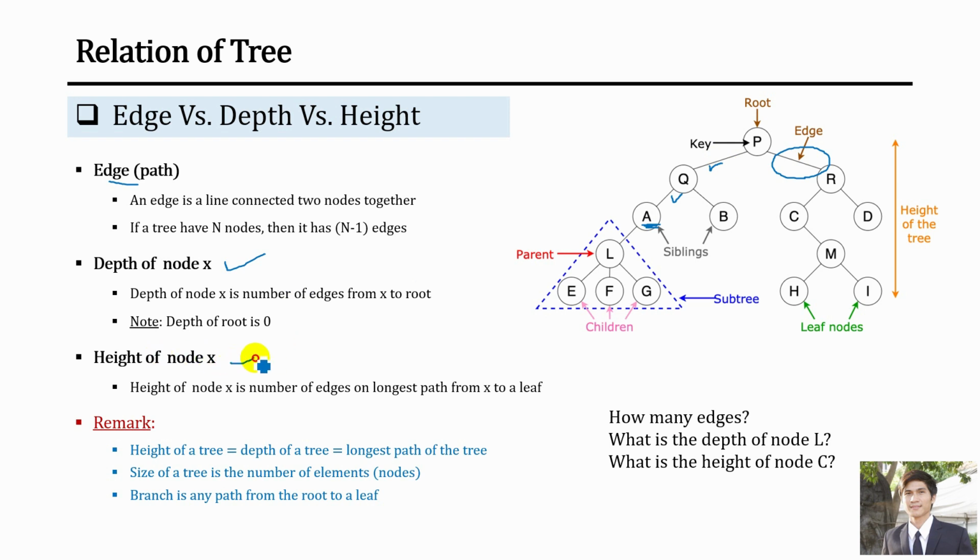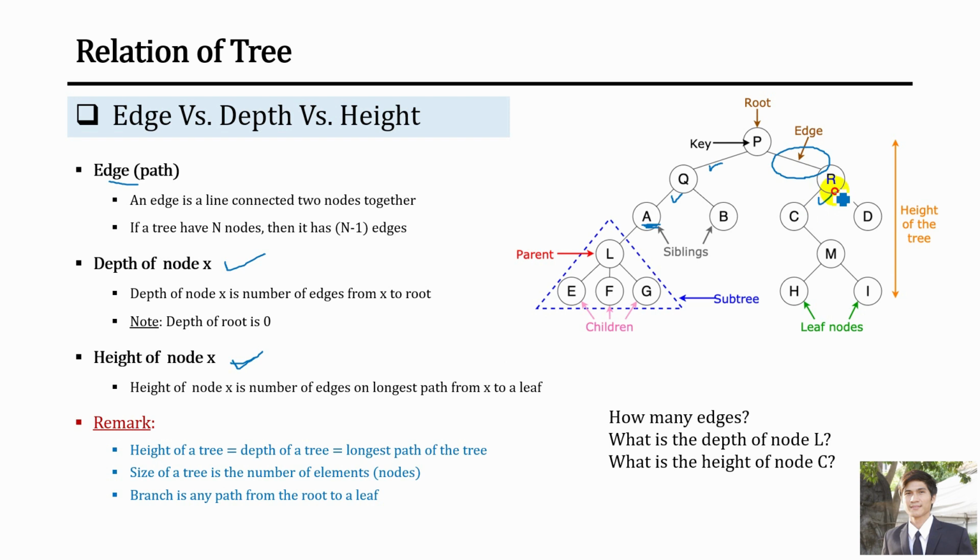And what is the height of a node? For any node, it is the number of edges on the longest path from x, this node, down to a leaf. So we go down. For example, if we consider node L here, what is the height of L? We go down on the longest path, and count how many edges.